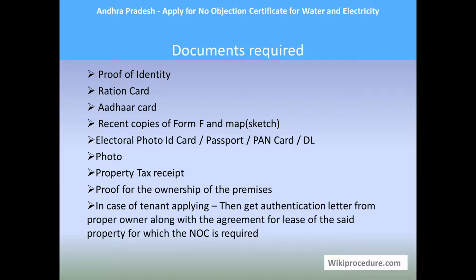If the applicant is a tenant, then he has to get an authentication letter from the proper owner along with the lease agreement which he signed with them to obtain this NOC. So these are the documents required.